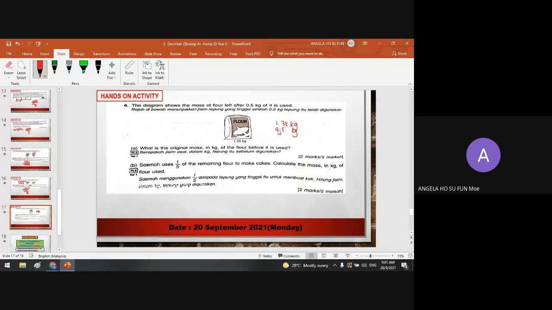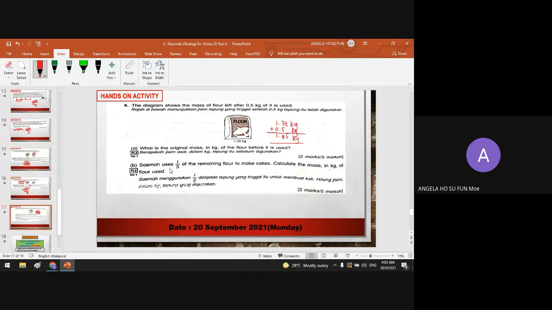Make sure your decimal point aligns. Then only you plus. 5 plus nothing here still remains 5. 3 plus 5 is 8. 1 plus 0 is 1. So the answer is 1.85 kilogram.